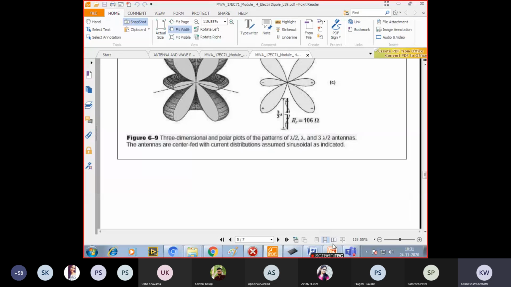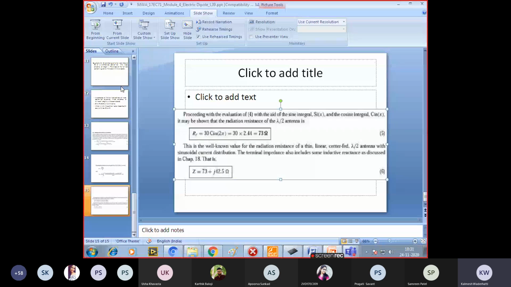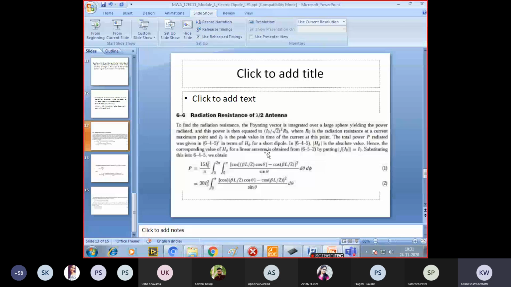Next will be the radiation resistance of the lambda by 2 antenna, which is also very important. Understand here the radiation resistance of the lambda by 2 antenna. Earlier it was the radiation resistance of the short dipole. Don't confuse here.